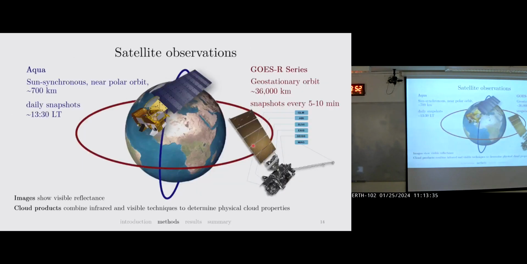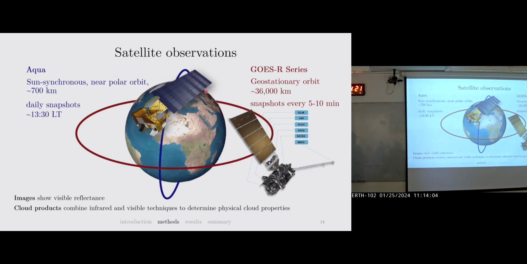During this work, we mostly use observations. We are using the MODIS instrument on the Aqua satellite, which provides us a daily snapshot in the early afternoon, which is actually an ideal time for us to capture these cloud fields, because many of the processes that have to do with the development of the boundary layer get to their peak around this time.